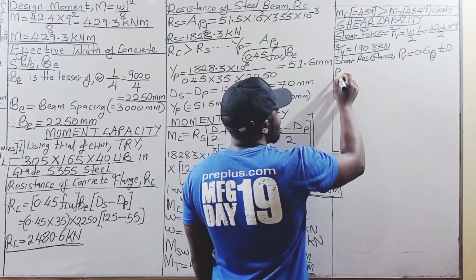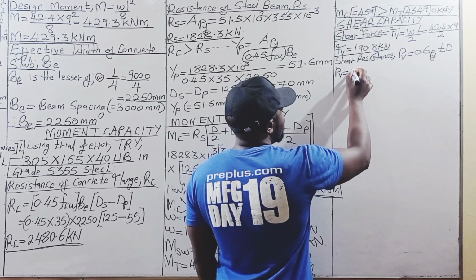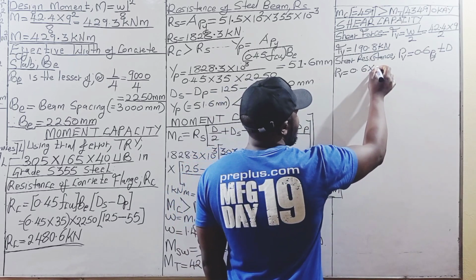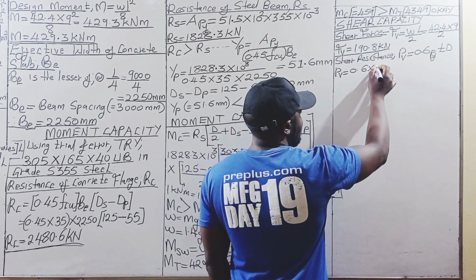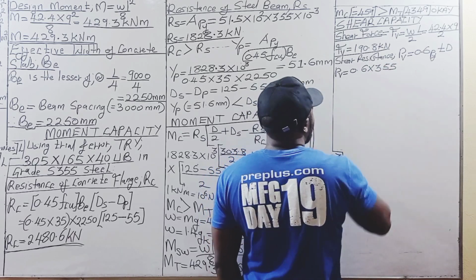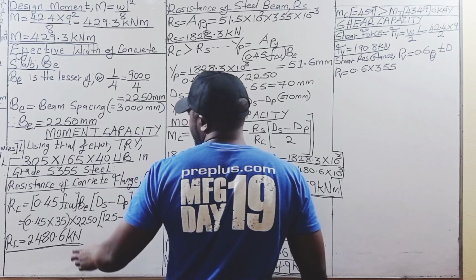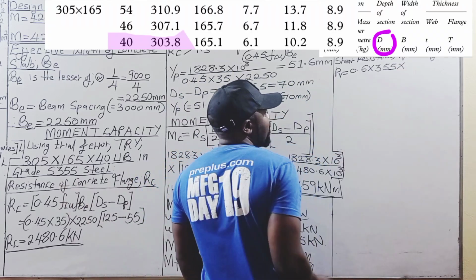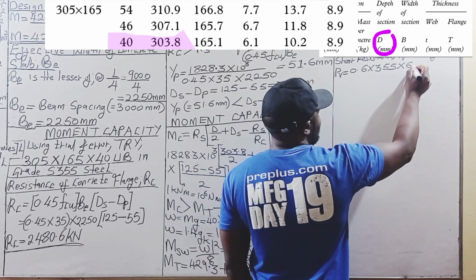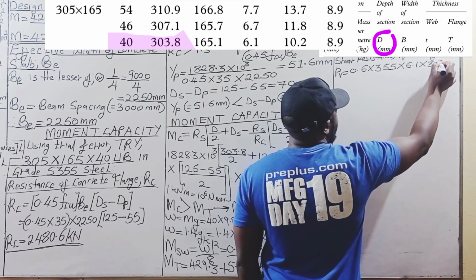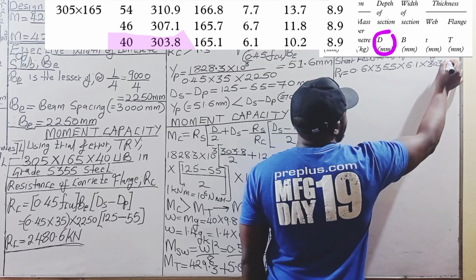Therefore, the shear resistance PV will be equal to 0.6 multiplied by Py. The design strength of this steel is 355 newtons per square millimeter, since it is of grade S355. The thickness of the web from Appendix B is 6.1 millimeters, whereas the depth of the flange from Appendix B is 303.8 millimeters.